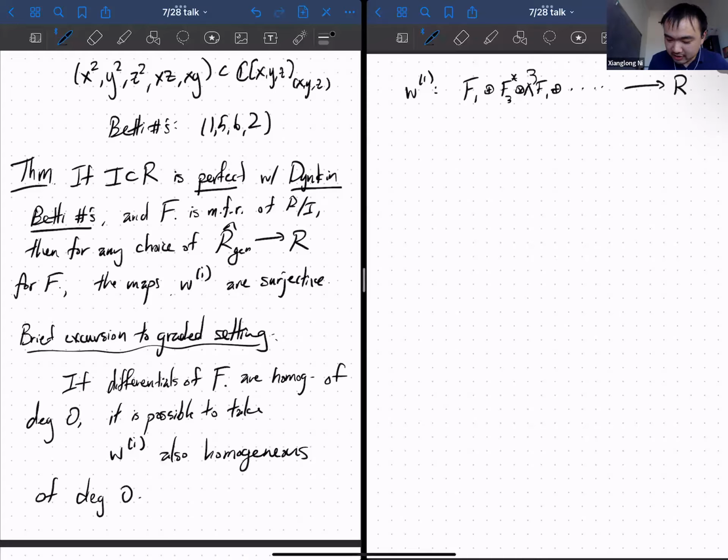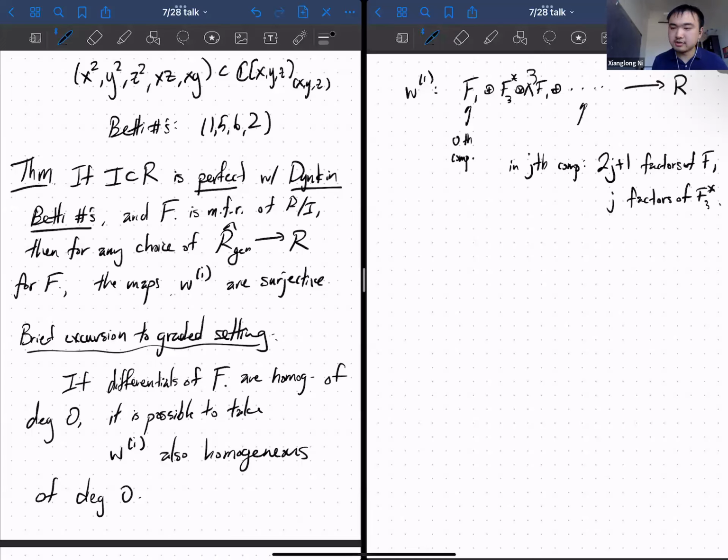But in every one, if this is the 0th graded component, then in the jth component there are always going to be 2j plus 1 tensor factors of F1 and j factors of F3 dual.